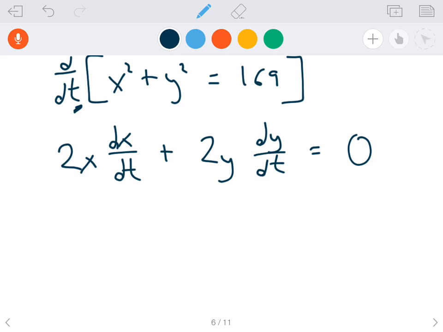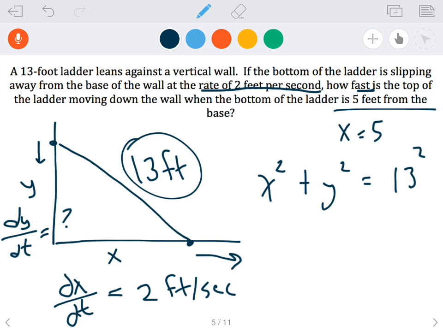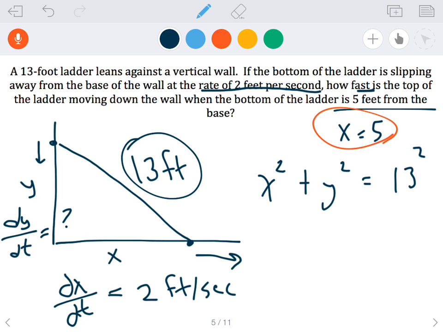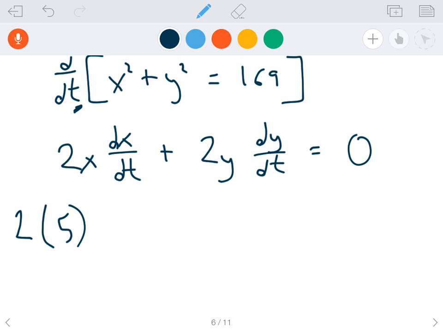Let's plug in what I know. The problem said when x is equal to 5, so 2 times 5, and dx dt is this 2 feet per second, so dx dt is 2, plus 2 times y.